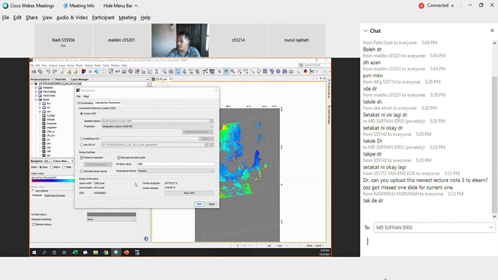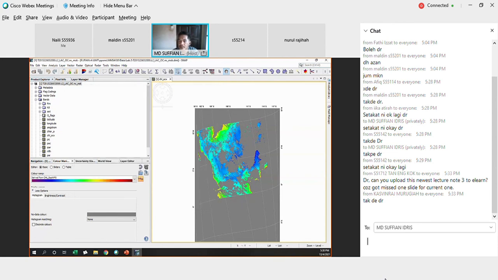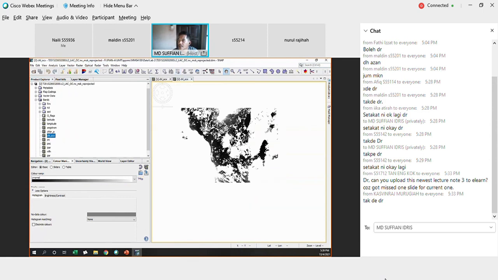Okay, so bila dah ni you close. Okay, and then close. So kalau you view balik, yang you buat reprojection ni, reproject you view balik, you buka, okay, for POCX.